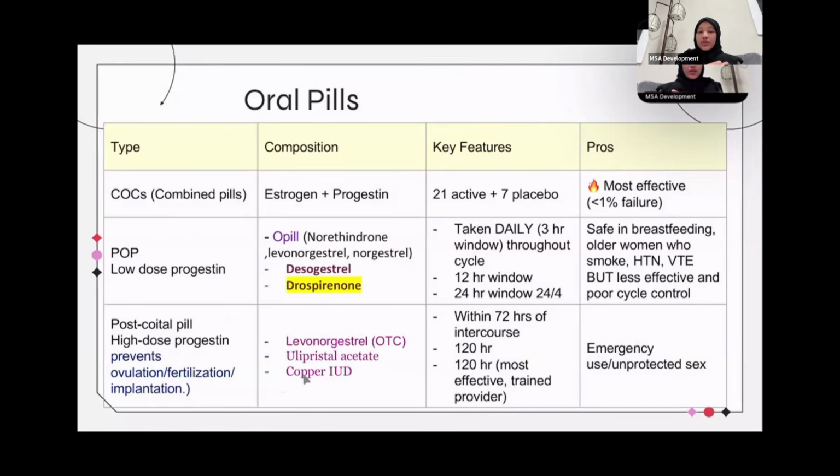Another thing, the copper IUD, the copper intrauterine device that we talked about as a contraception, can also be used for emergency use because you can insert it within the 120 hours, and it's the most effective. But you need someone trained to do that because you need to insert it, right? That's the only disadvantage. But it is very, very effective.